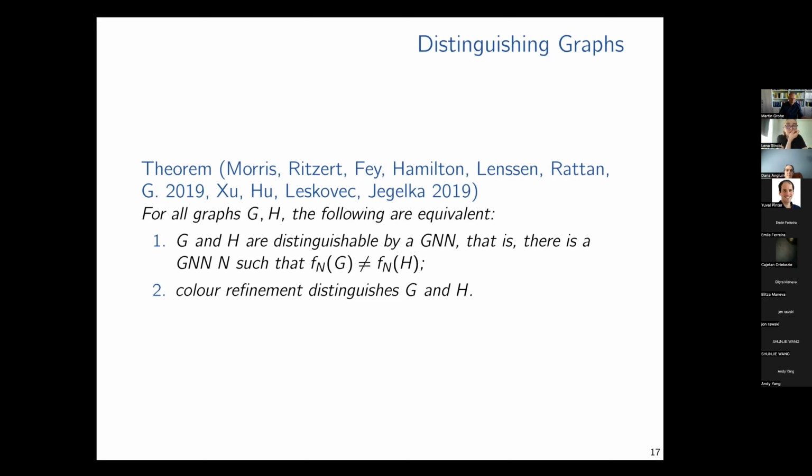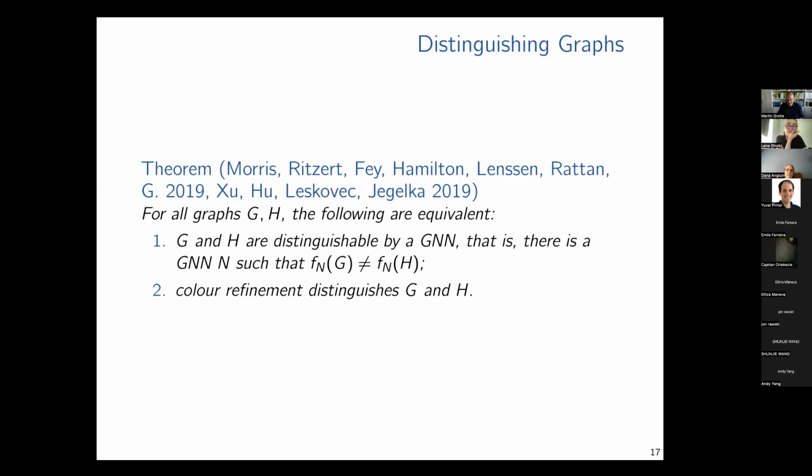The colors encode the states, and they collect all information that we can possibly get by sending messages to the neighbors and aggregating that. So it's quite clear that a graph neural network cannot distinguish graphs that cannot be distinguished by color refinement.